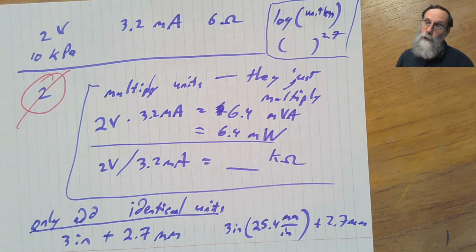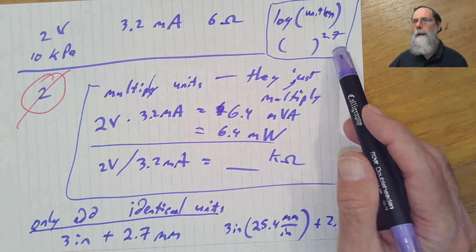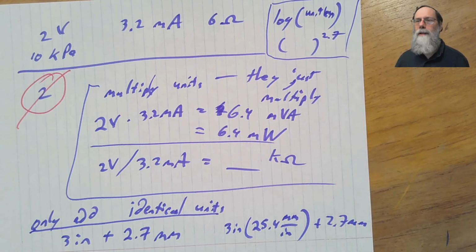You can take one voltage divided by another voltage, take that ratio, and take the log of it. Same thing as if you're taking a non-integer power here, you want to make sure that the thing you're taking the power of is unitless. And that's a good sanity check to do whenever you're taking any of these sorts of computations.